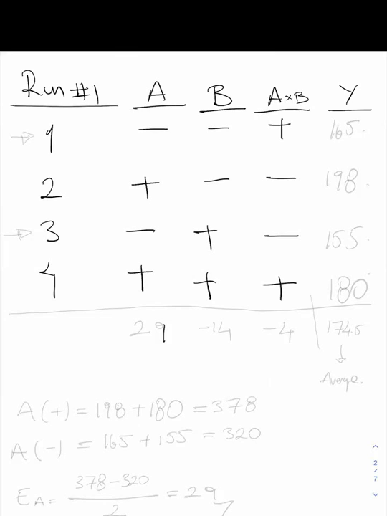And these are the runs that we have done, and you can imagine that these are the corners that you have made in the previous page. So it will be 165, 198, 155, and 180. Okay.